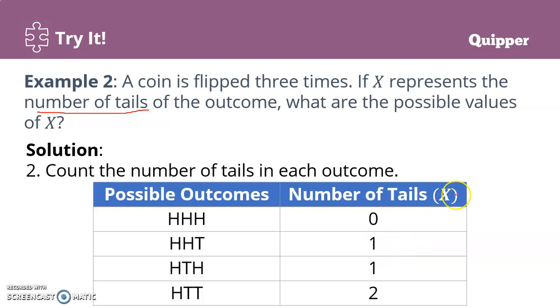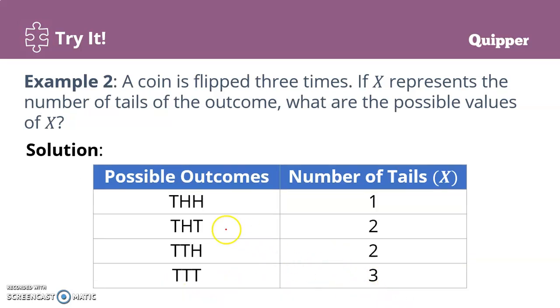Ayan. So, the value of x here is 1. Next outcome, HTH, so isang tail, so that's 1. HTT, that's 2 tails. THH, isang tail dito, and then THT, dalawang tail, TTH, dalawang tail, TTT, tatlong tail.